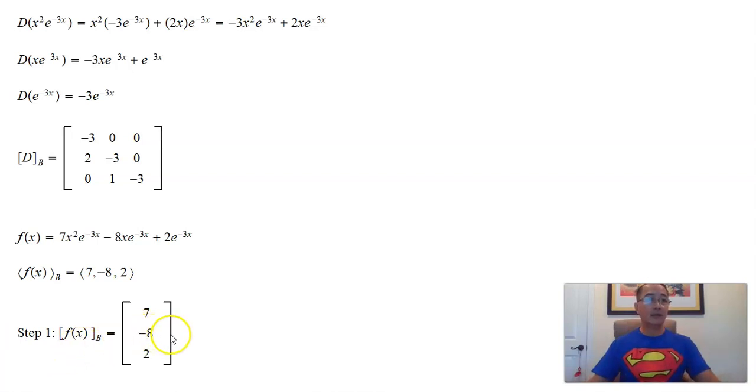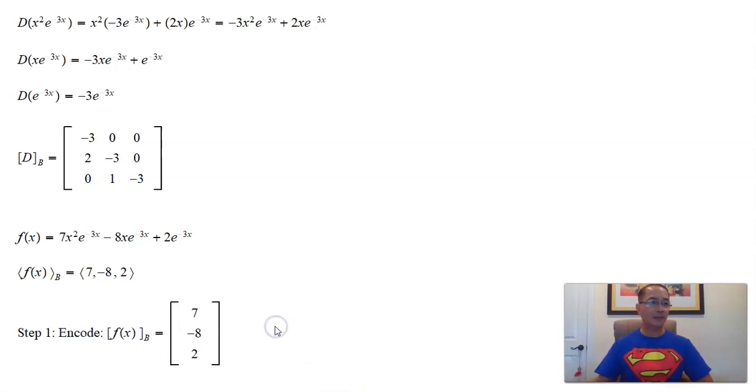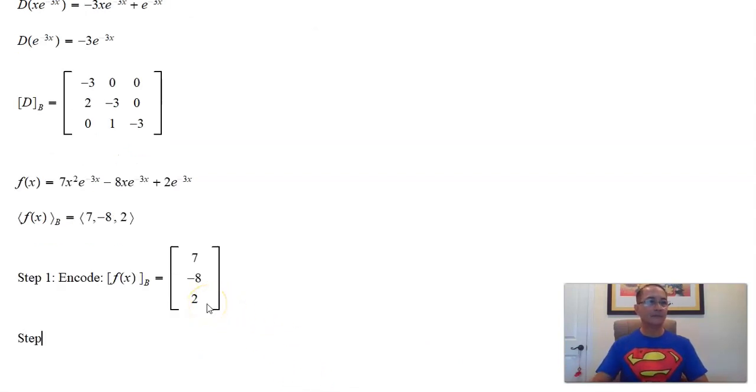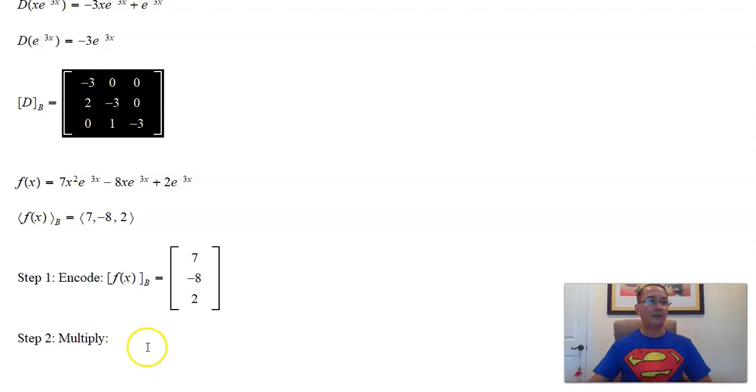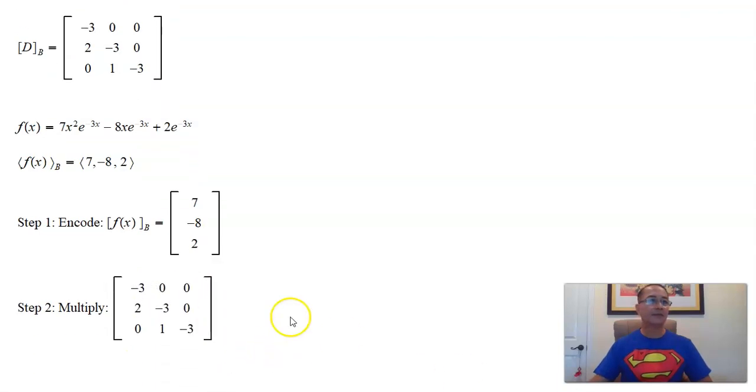That is the encode operation. Step 2, multiply. We will take this matrix and multiply it on the right by this matrix.